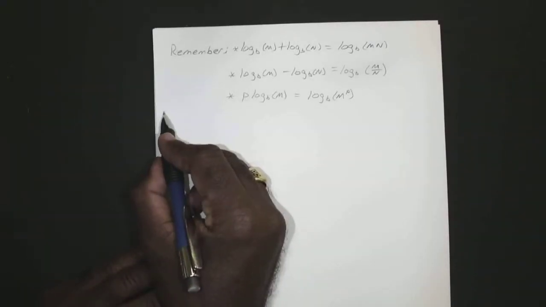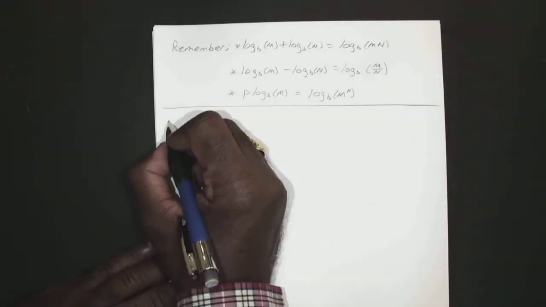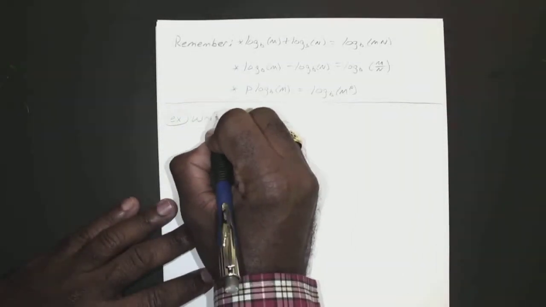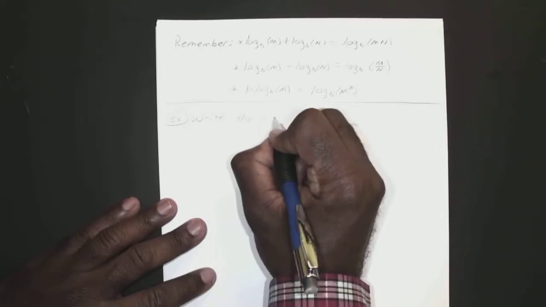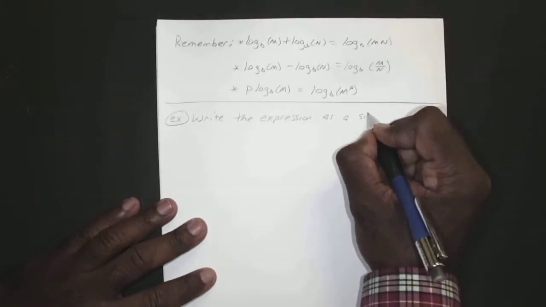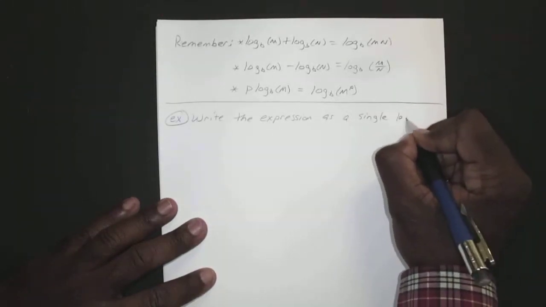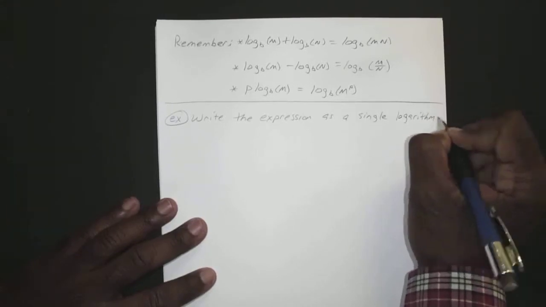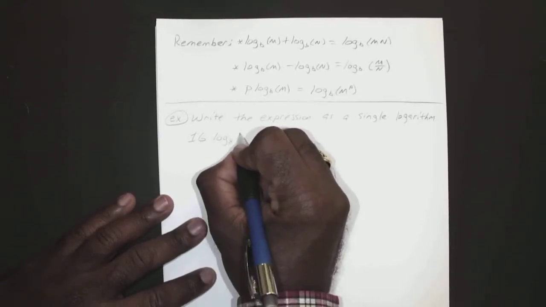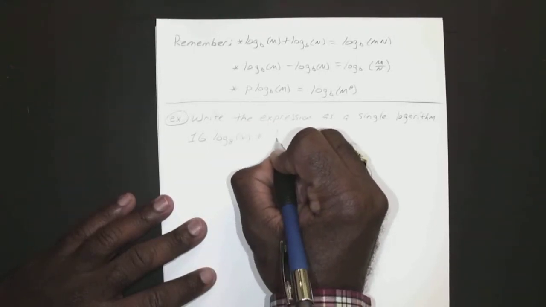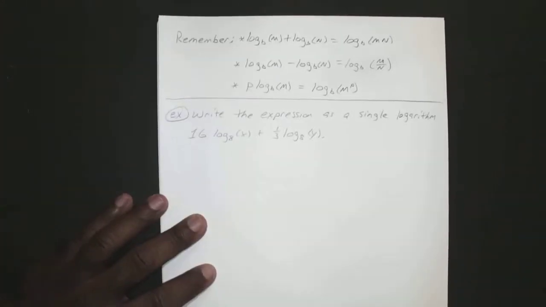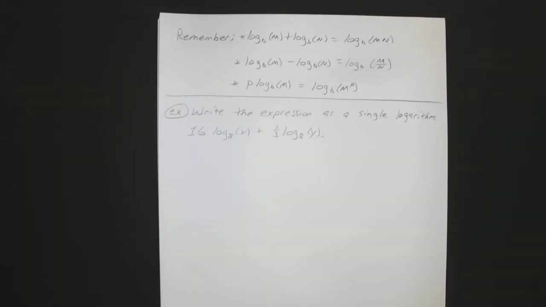Okay, so let's say I want to write the expression as a single logarithm: 16 log base 8 of x plus 1/3 log base 8 of y. We want to write that as just one solid term.